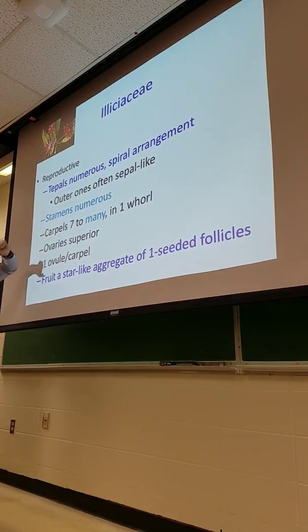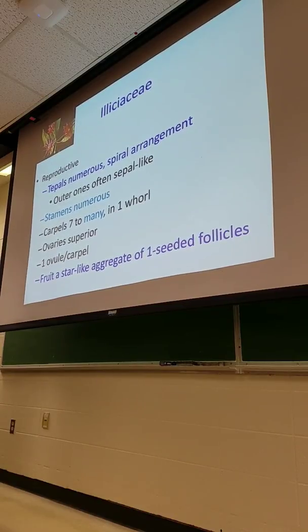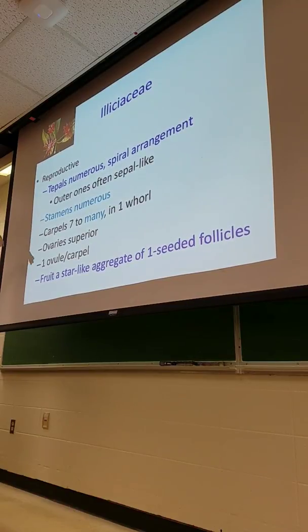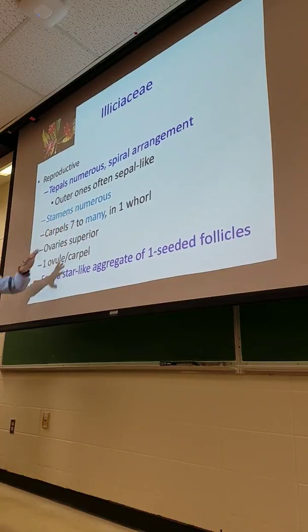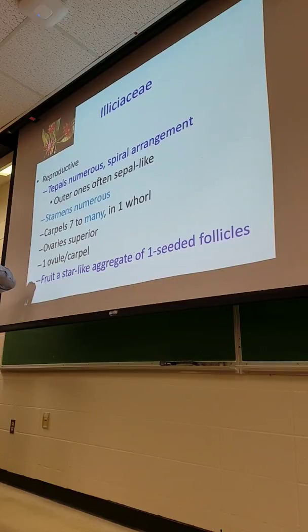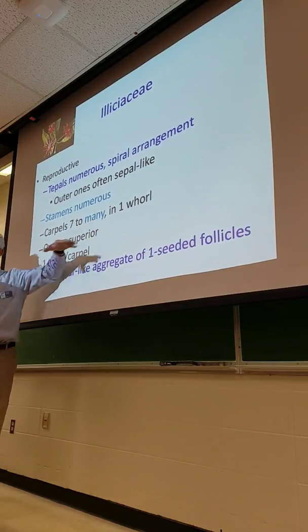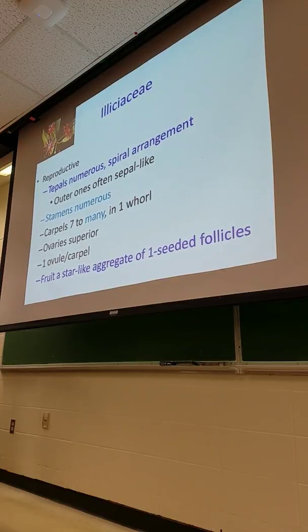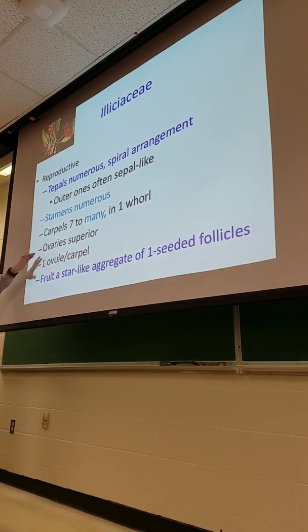Sometimes the outer parts have a little bit of sepaloid character, but when you look at a flower up there, you can see that those are just all very bright and colorful. So we call them tepals. Stamens are numerous. The carpels, there are a lot of them. It can be 7 to many, but those are in one whorl. So those are not spirally arranged, and the ovaries are superior.